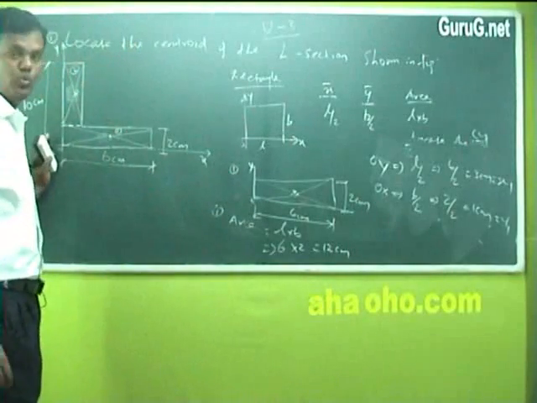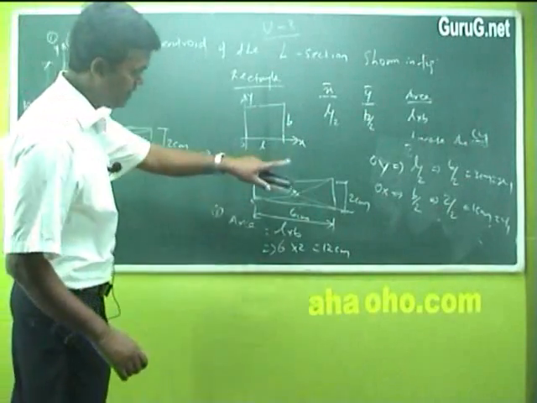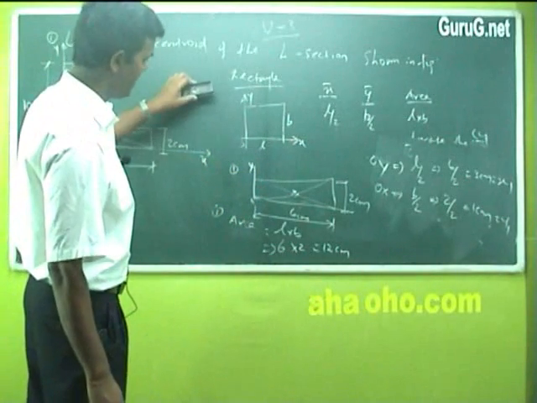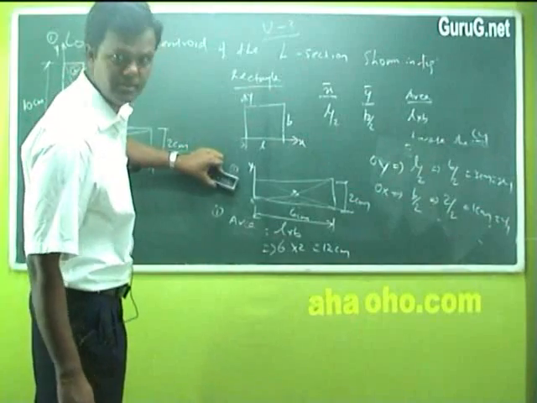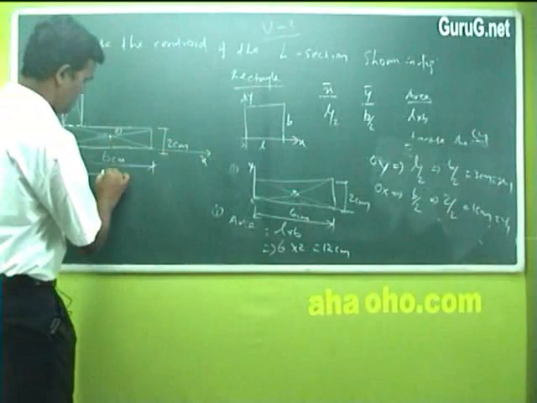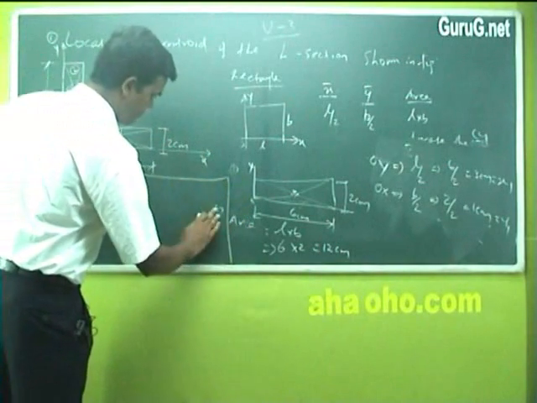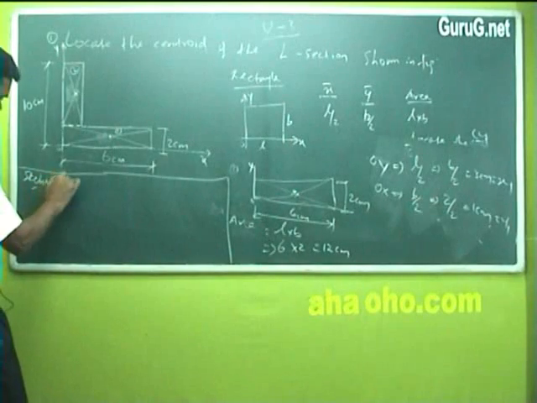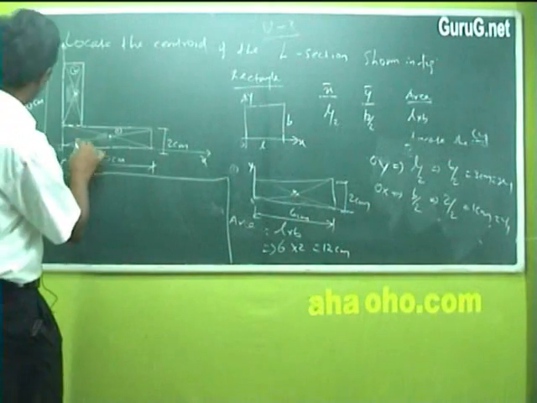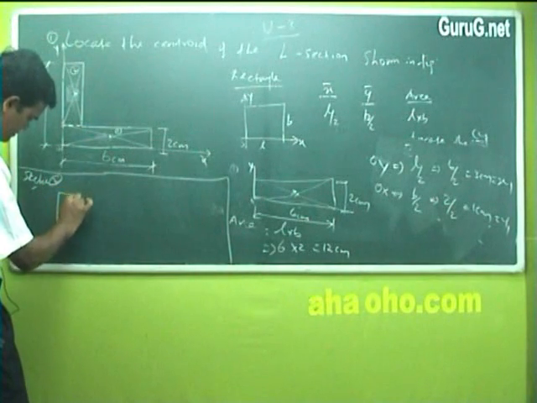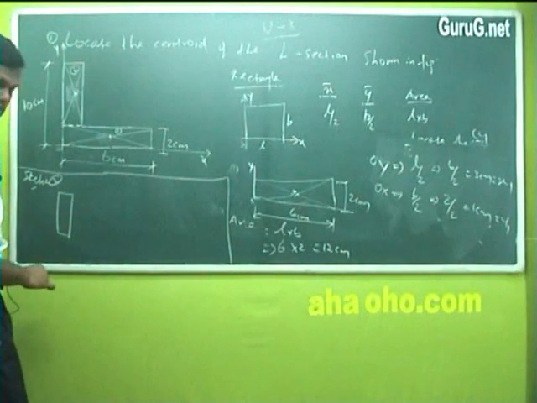Now sketch number 2. In the same fashion I have to write sketch number 2. I'll erase this one, or I'll indicate here for sketch number 2. Sketch 2 is like this, is it not?